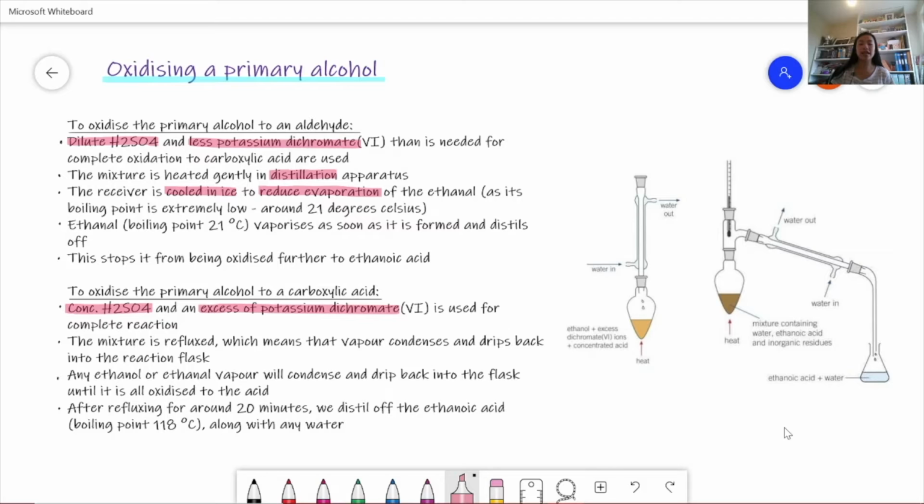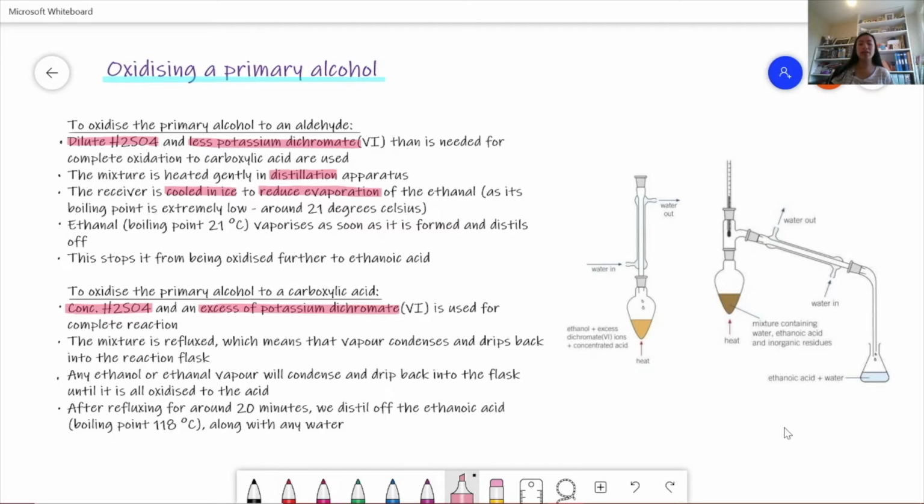And what happens is that it gets heated and the vapor goes up the condenser tube, but this time it's straight up. Because there's cold water being fed in to the bottom of the tube and out at the top, it condenses the vapor.